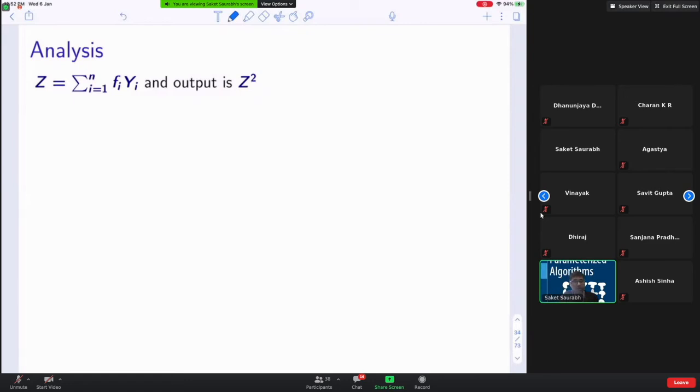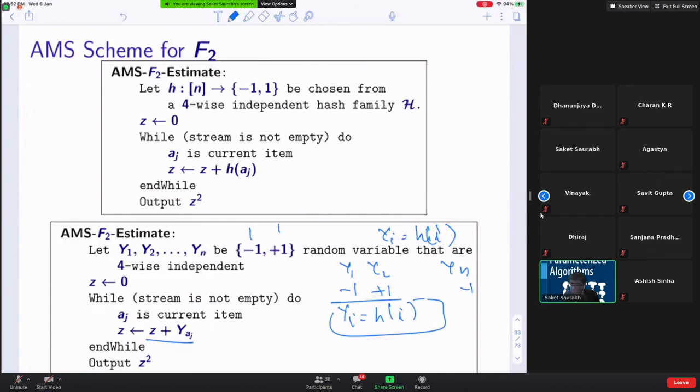So what are we outputting? What is our Z? Z is basically the sum which we are storing. How many times are you adding Yi? The number of times is its frequency. How many times will you be adding -1 corresponding to a number 3? As many times as it appears, right?